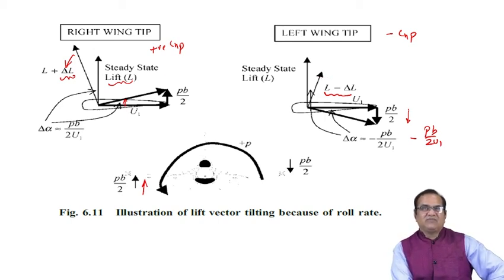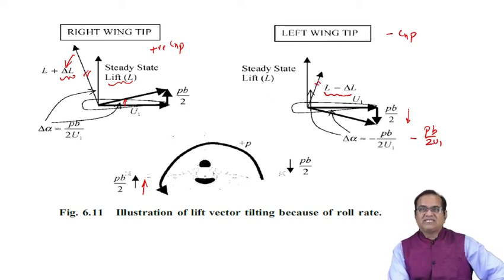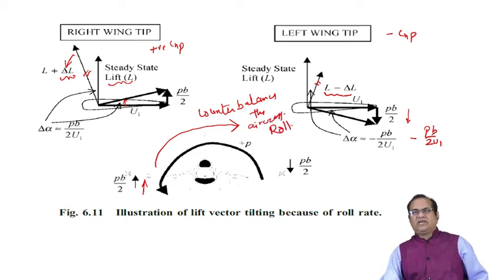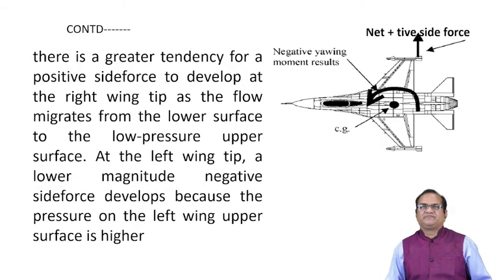If you see the direction of this and direction of this, the direction is also not the same. This will try to make this aircraft as negative like this. It will counter balance the aircraft roll. Okay, so these aspects we have to understand very well.